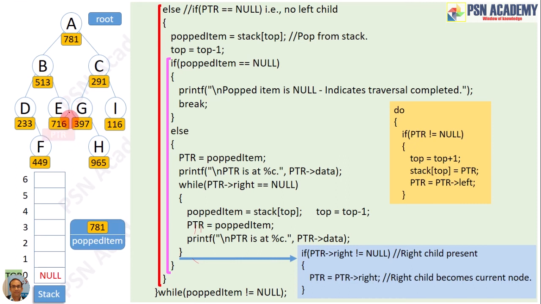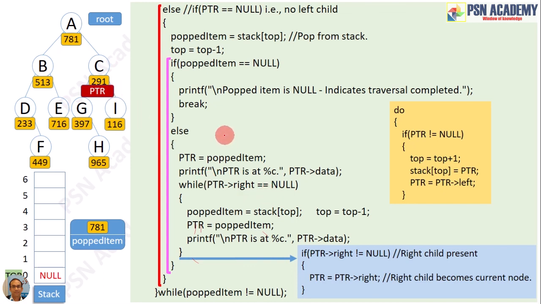So set ptr to 781 here and then you may process the data. After this, you should check whether there is a right child or not. If there is a right child, that is ptr right not equal to null, set ptr to ptr right. So yes, there is a right child C at 291, so set ptr to 291 and this cycle is over.